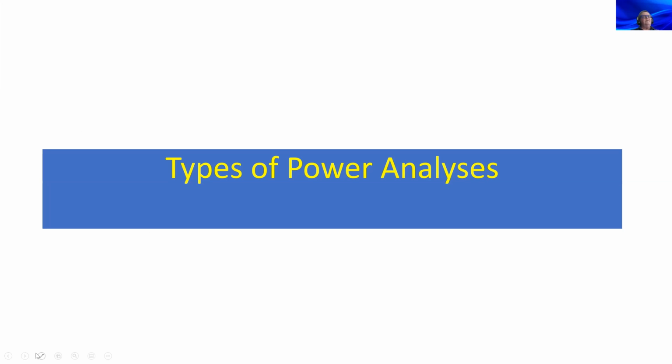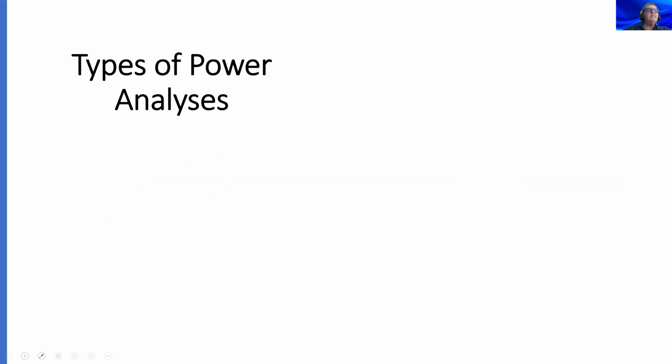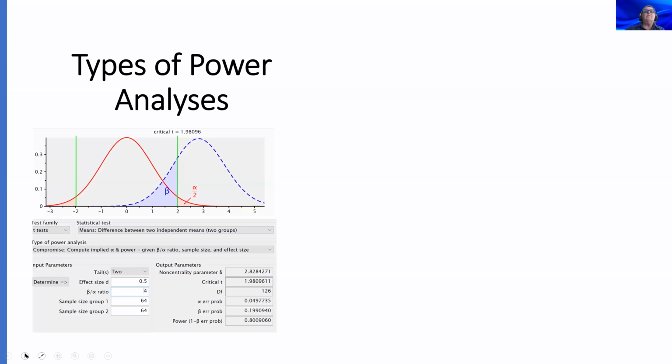Let's take a look at some different types of power analyses. This is a graph from G-Power. And you see the interdependent factors. This is an example of one type of power analysis, which is a compromise power analysis.